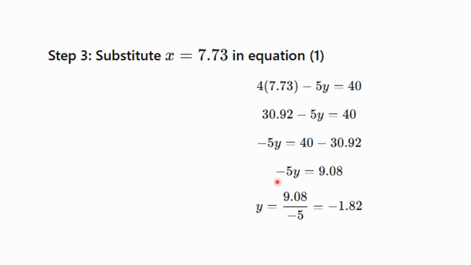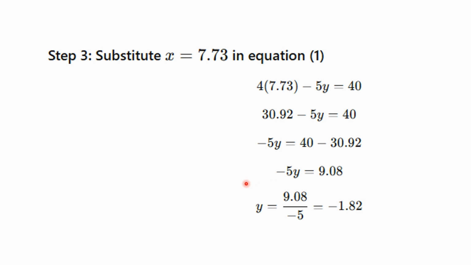All right, we've already got x. This was pretty quick. Now you can substitute x equals 7.73 back into your first equation. If you work through the math, you're going to end up with y equals minus 1.82. So basically the same answers that we got the first time, but honestly I find this method a little bit easier a lot of the time.